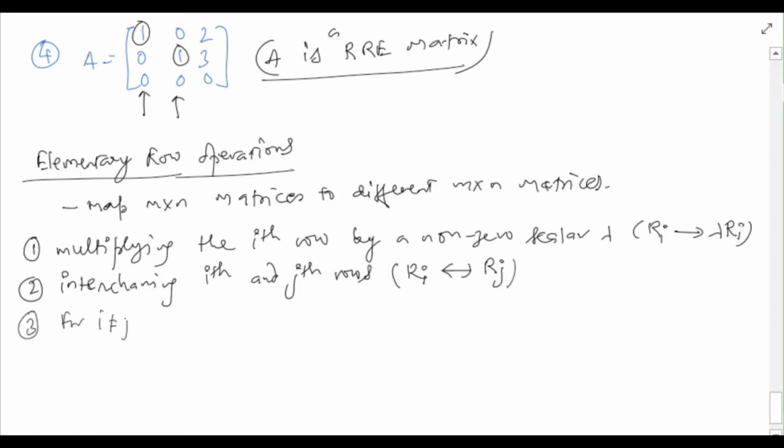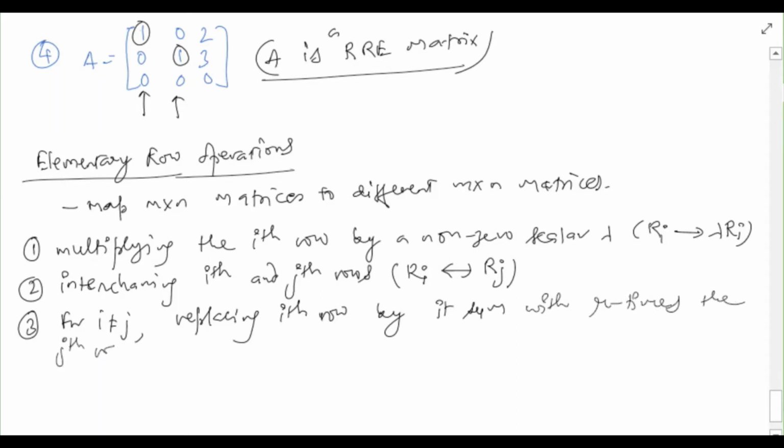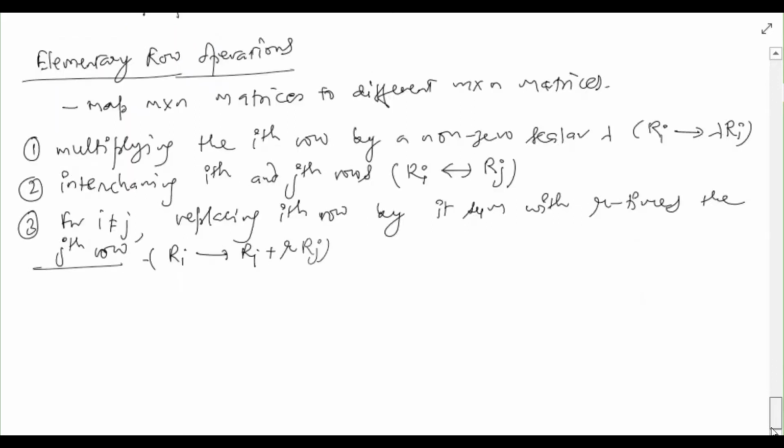And the third elementary row operation is, for i not equal to j, replacing the ith row by its sum with mu times the jth row. This one is denoted as Ri to Ri plus mu Rj. Let me illustrate these operations via simple examples.